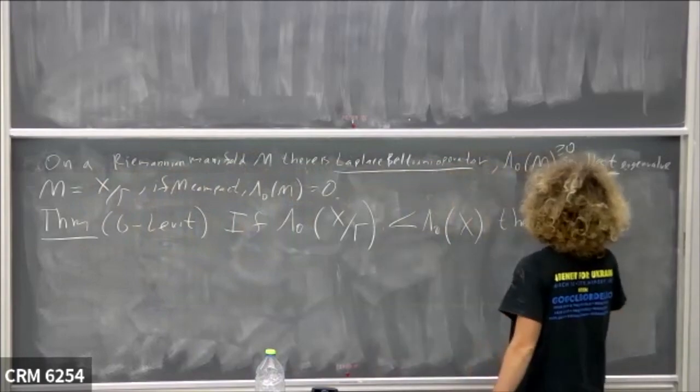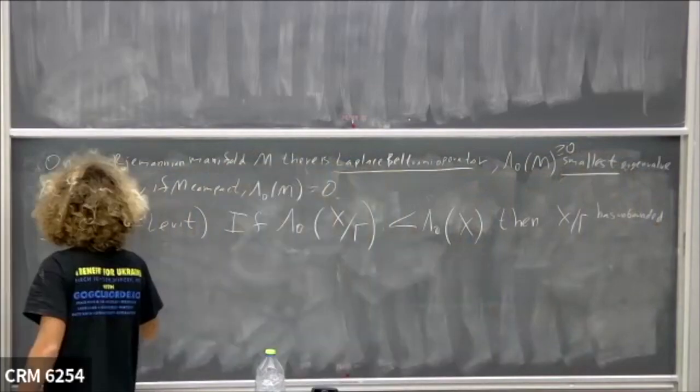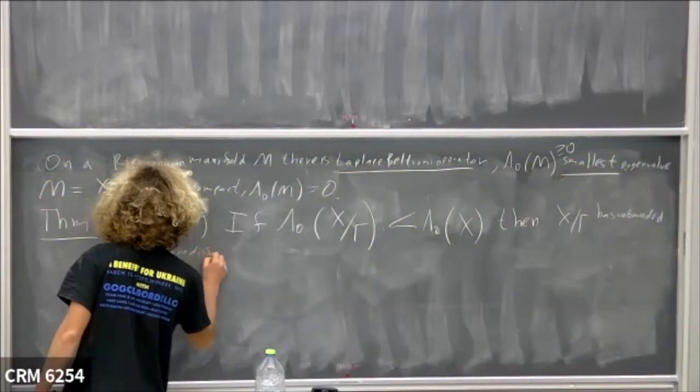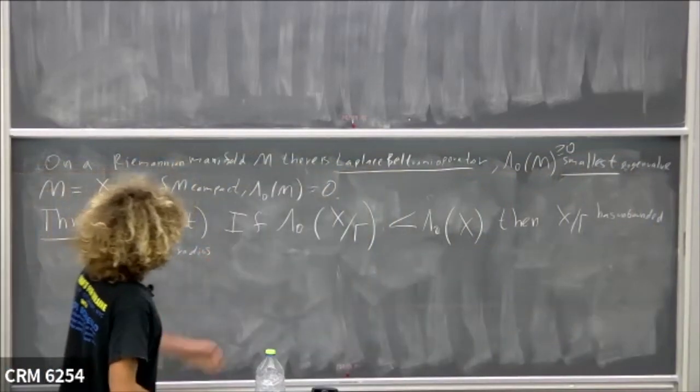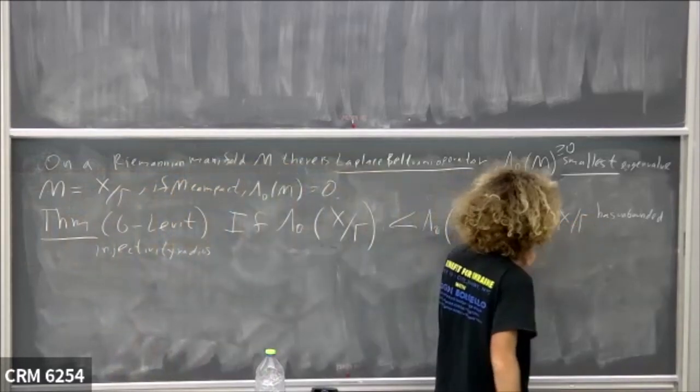Then X mod gamma has unbounded injectivity radius. So this relates a quantitative property of this manifold to a qualitative property.